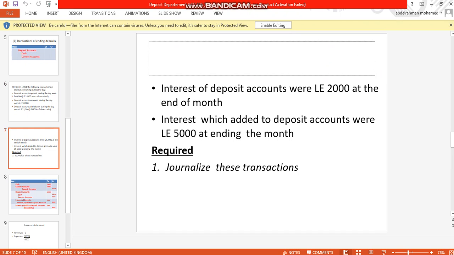Fourth transaction says interest of deposit accounts 2000 at the end of months. So the interest was calculated and its amount was 2000.